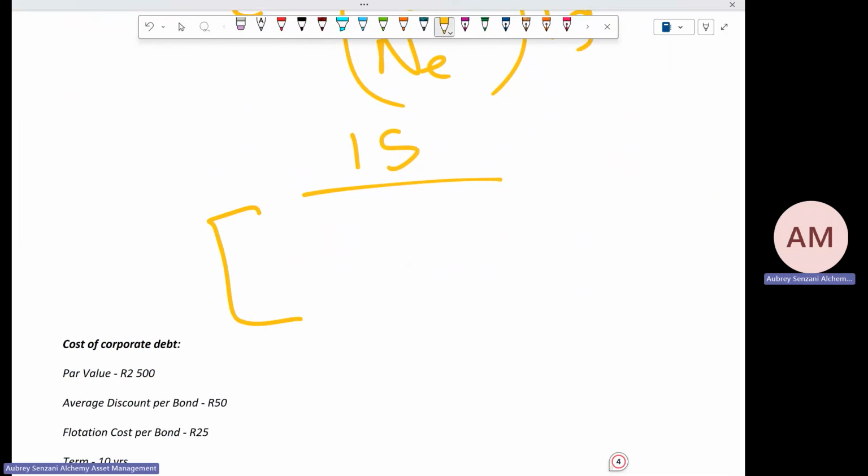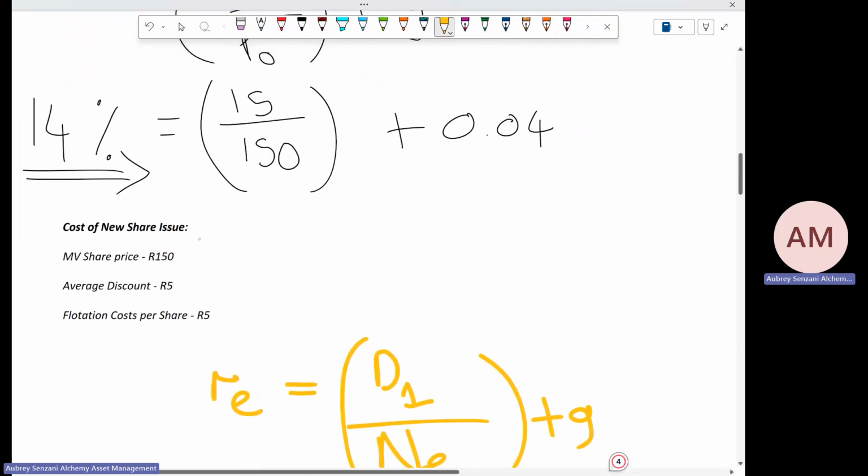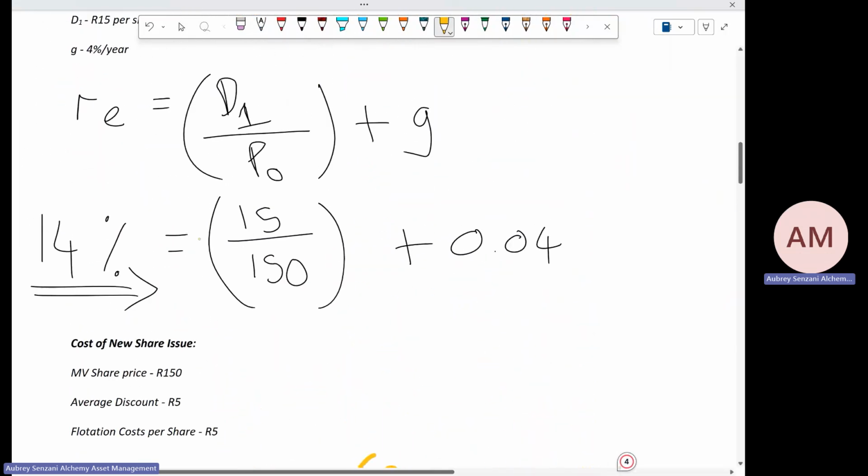Because remember, net proceeds, this is just to make sure we're all together. If you look at the previous calculation, the cost of ordinary shares, or retained earnings, we said the expected dividend divided by the price of the share, and we know the price of the share is 150.